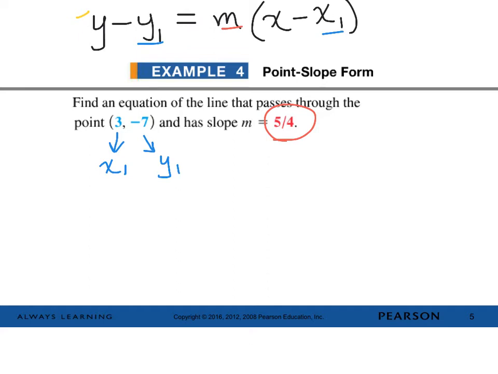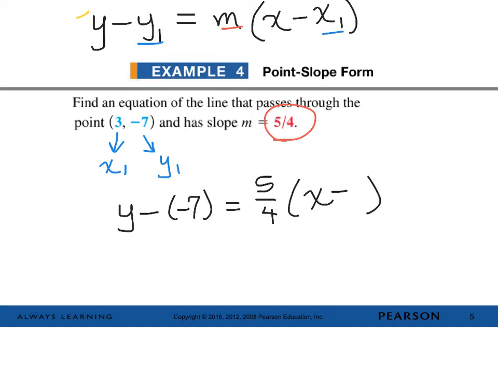So when we do that, we have y minus y1, which is negative 7, is equal to the slope, which is 5/4, times the quantity x minus x sub 1, which is 3.